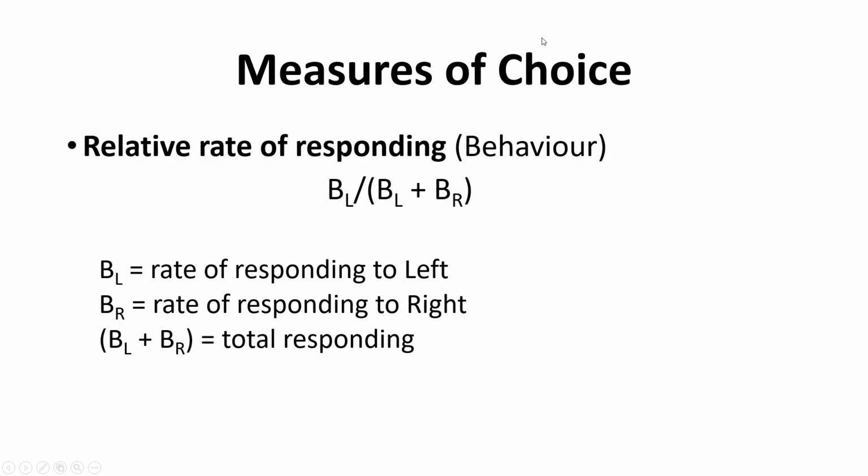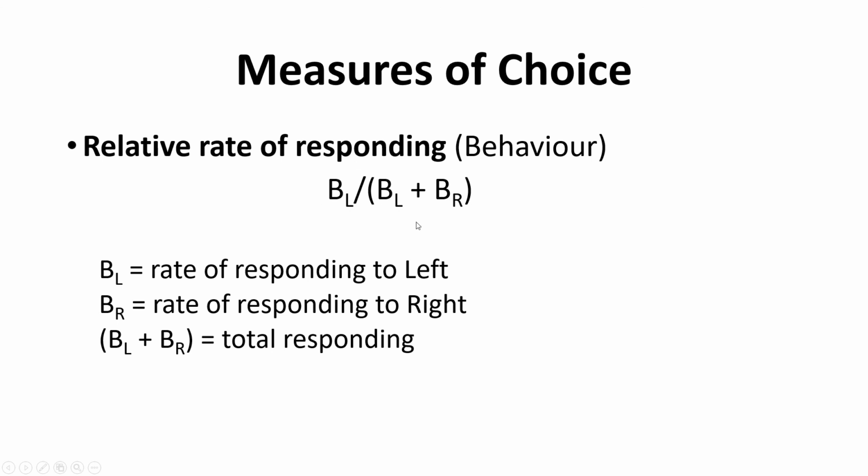And we can present this a couple of different ways. We can look at relative rate of responding: their rate of responding to the left key, or key A, compared to their overall rate of responding. So this is set up here. BL is the rate of responding to the left, BR is the rate of responding to the right. So this is looking at how often they respond to the left key versus how much responding they do in total.